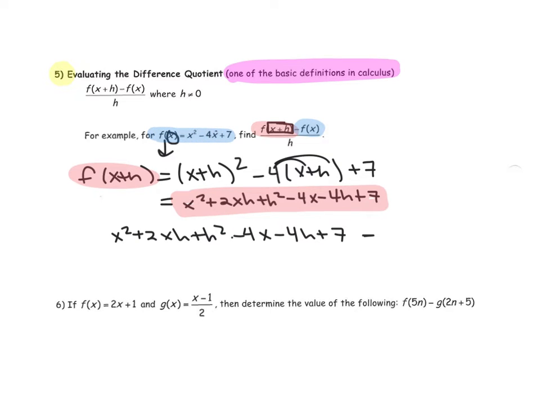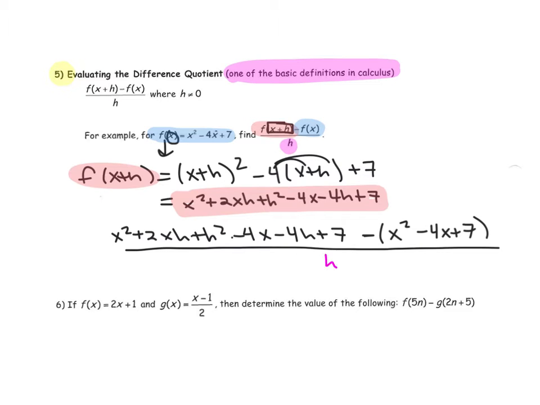So it's going to get subtracted, parentheses, x squared minus 4x plus 7, and this is all over just the variable h. Let's do a different color, pink. Okay, this is all over h. All right, so again, I'll just highlight these pieces for you just to clarify. This whole thing is this, and this whole thing is this, which we got from here.